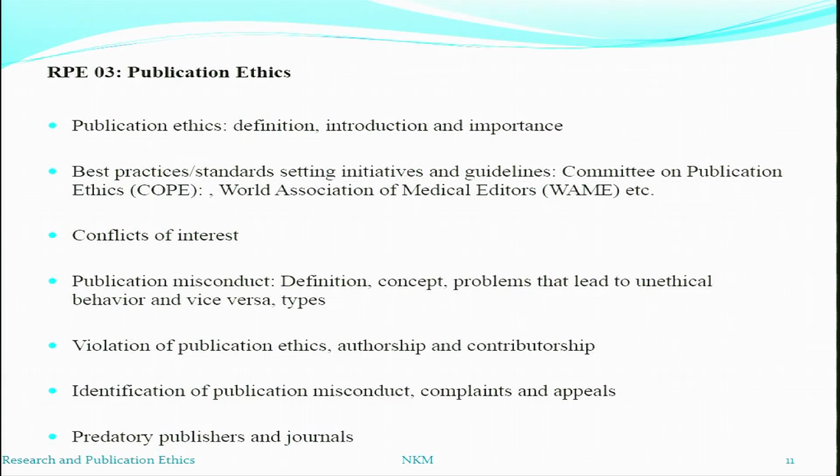And then we'll identify the major complaints and appeals, where we can register a complaint, what the resolving methods are, and how we can resolve our problems in publication if we are caught with fraudulent practices or predatory journals. Then how to register our complaint and how to resolve our issue.